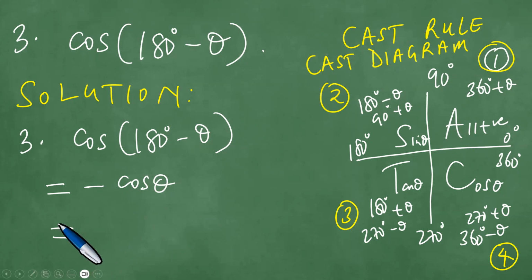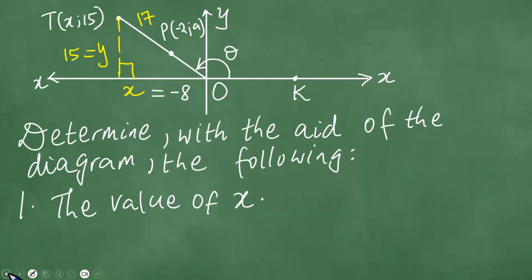So now, what is all this here? What is cosine theta from the diagram, Tando? Here is the angle theta.